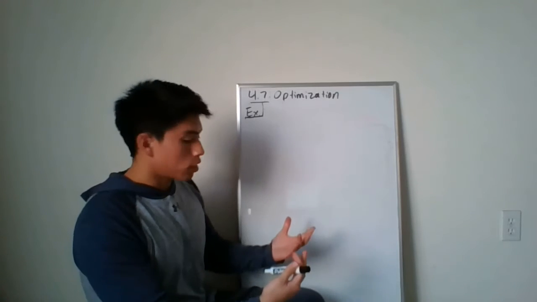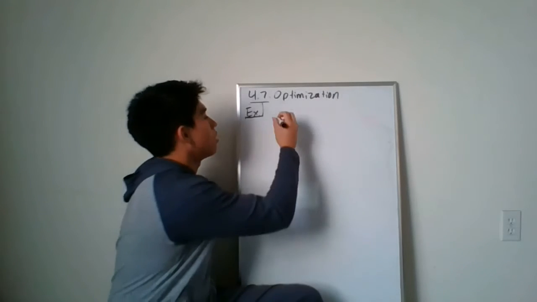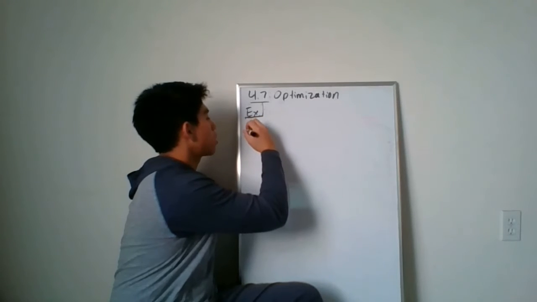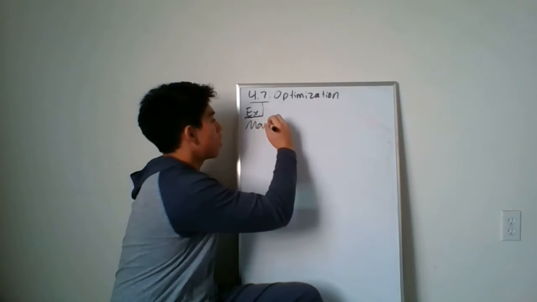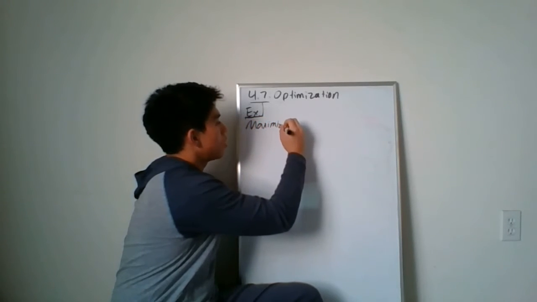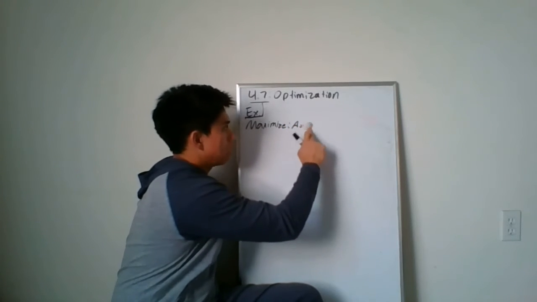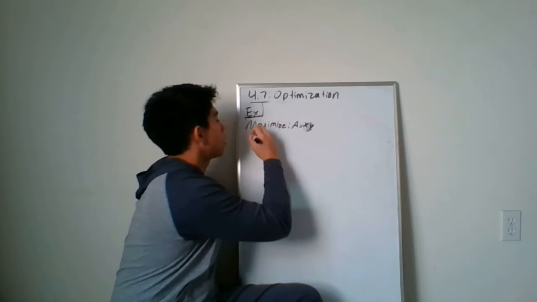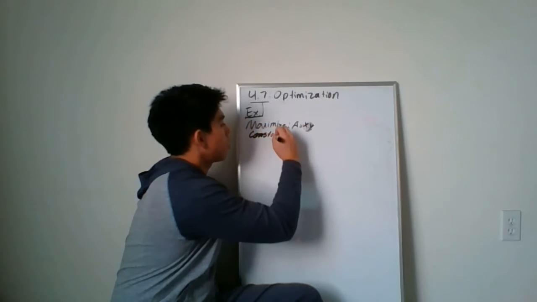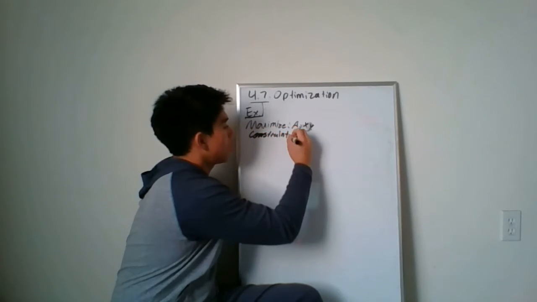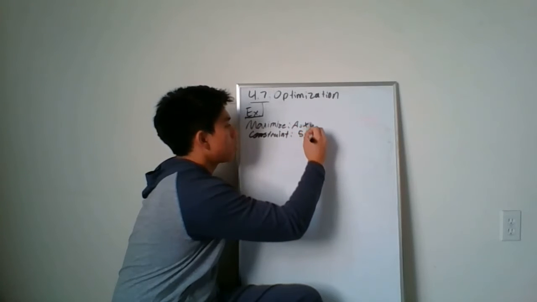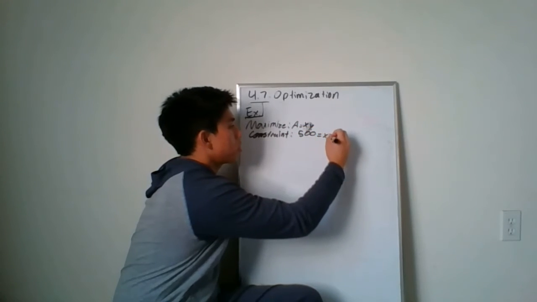So let's solve the constraint for X. Just to make sure we have that, to maximize, it's going to be A equals X times Y, and the constraint is going to be 500 equals X plus 2Y.